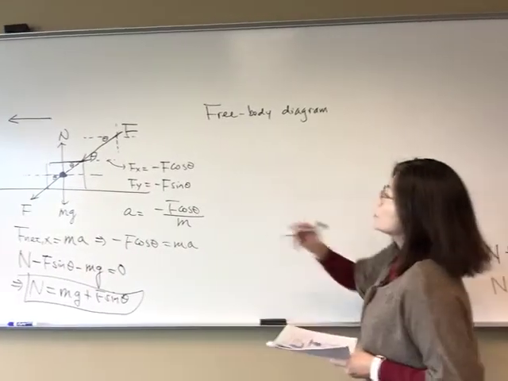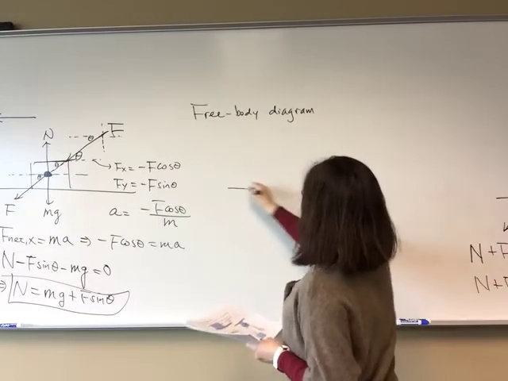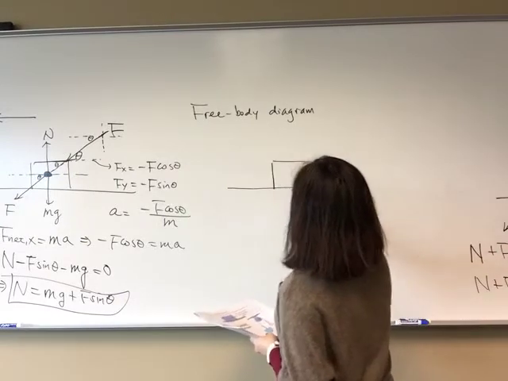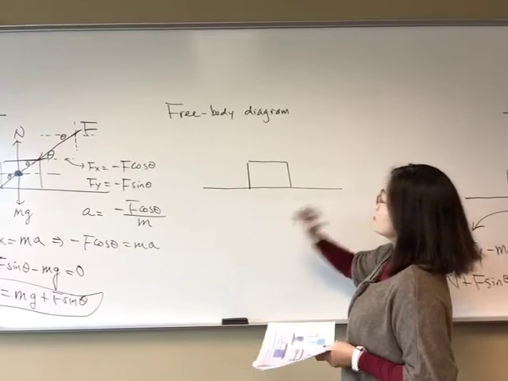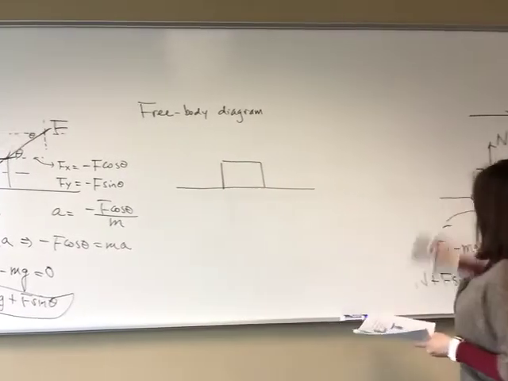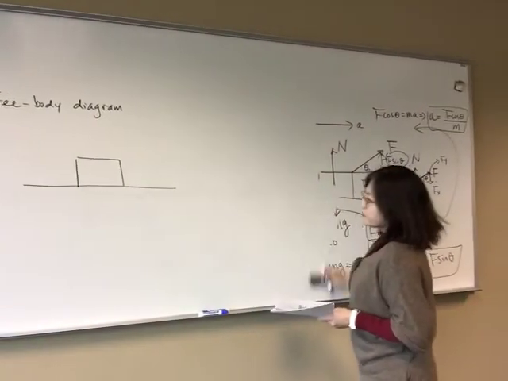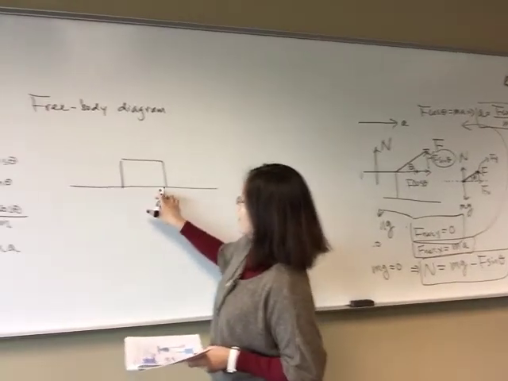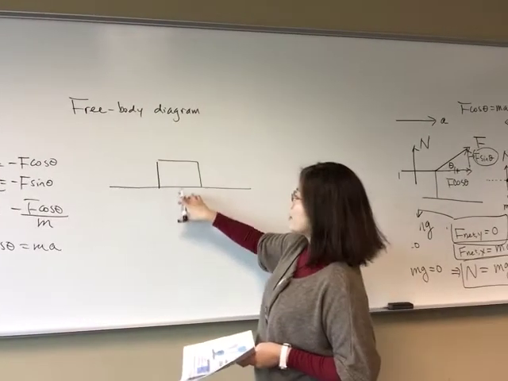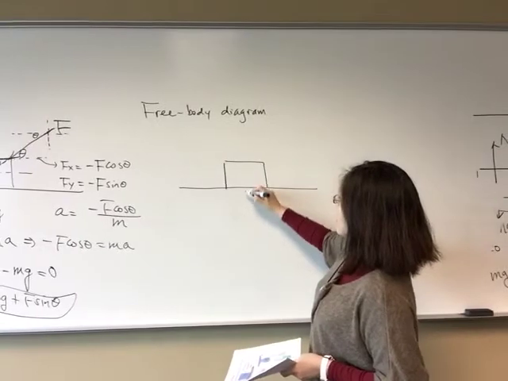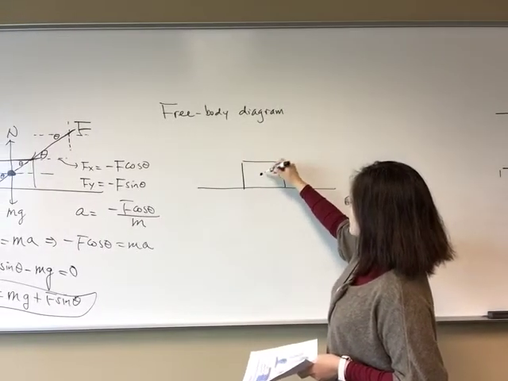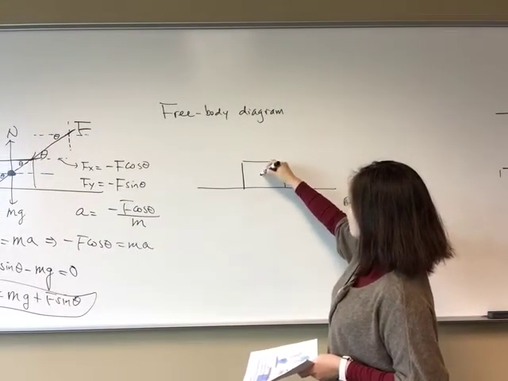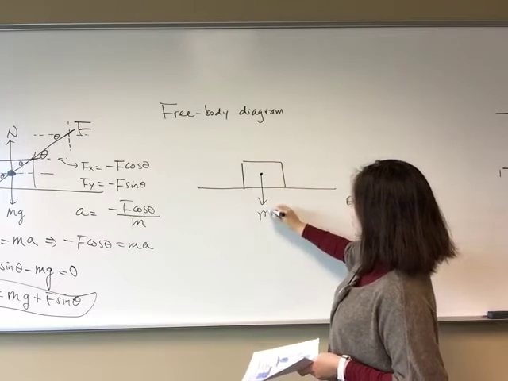Now, speaking of normal force, we can use this to describe Newton's third law. If you just look at the contact points here between the object and the tabletop, this object experiences a downward force, which is mg.